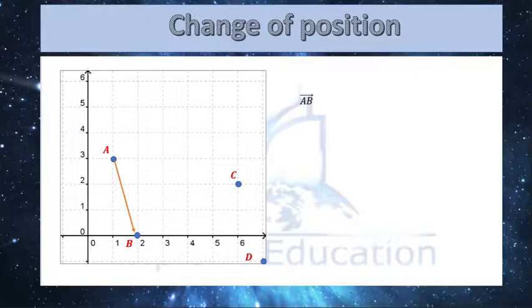To get from A to B, I have to move along the x-axis one space to the right, so in a positive direction. I'm going from 1 to 2 on the x direction. But on the y direction, my values are reducing. I'm going from 3 to 0, so I'm going down.